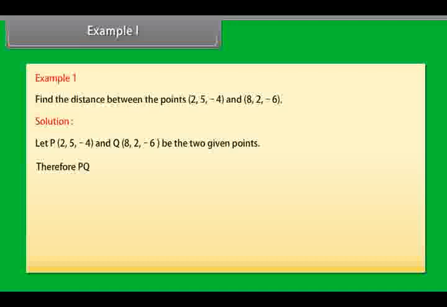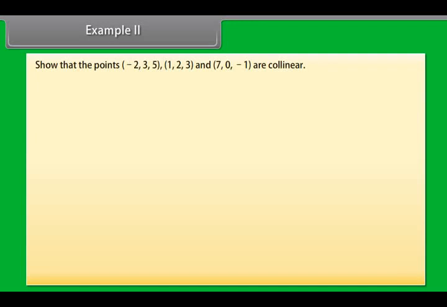Therefore, PQ is equal to square root of (8 minus 2) square plus (2 minus 5) square plus (-6 plus 4) square, is equal to square root of 36 plus 9 plus 4, is equal to square root of 49.